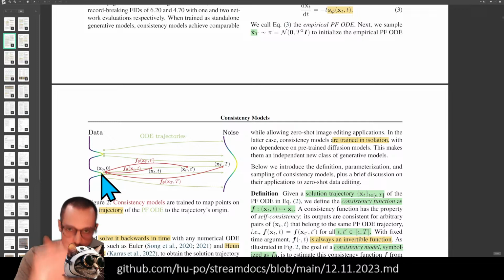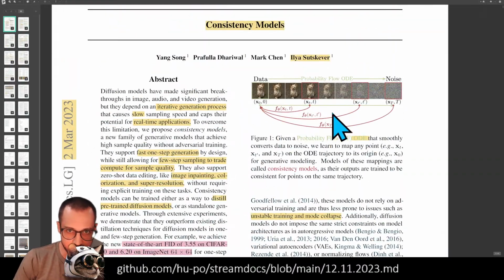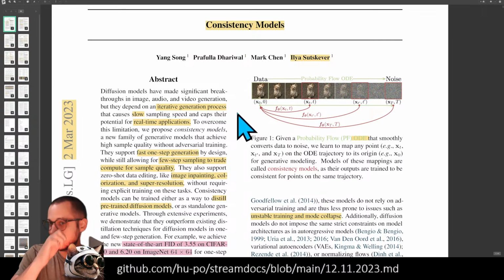If you do that over and over and give it more and more examples, eventually you get a diffusion model that does it in fewer steps, right? So rather than taking 10 steps to go from noise to data, you can do it in 4 steps.